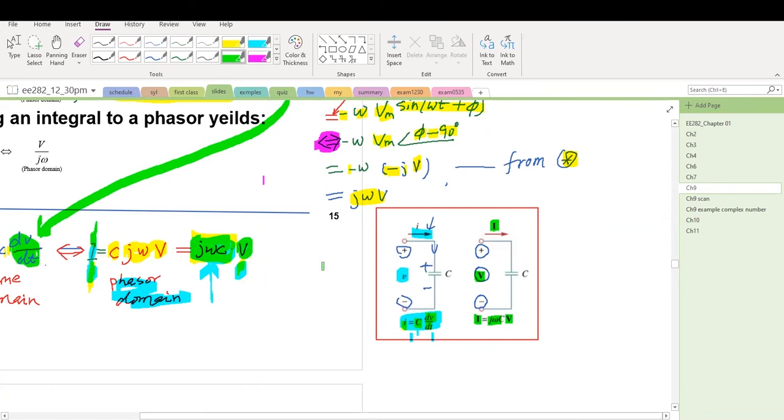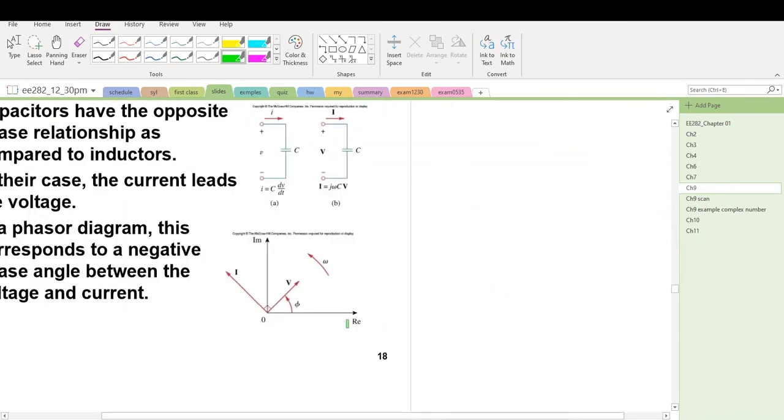They're in phasor domain. If we look at the rectangular graph, this is the real part, this is the imaginary part. Suppose this is a phasor of V, with an angle phi here, and we can see I leads V by 90 degrees. The 90 degrees comes from this scalar j, because j is 90 degrees.